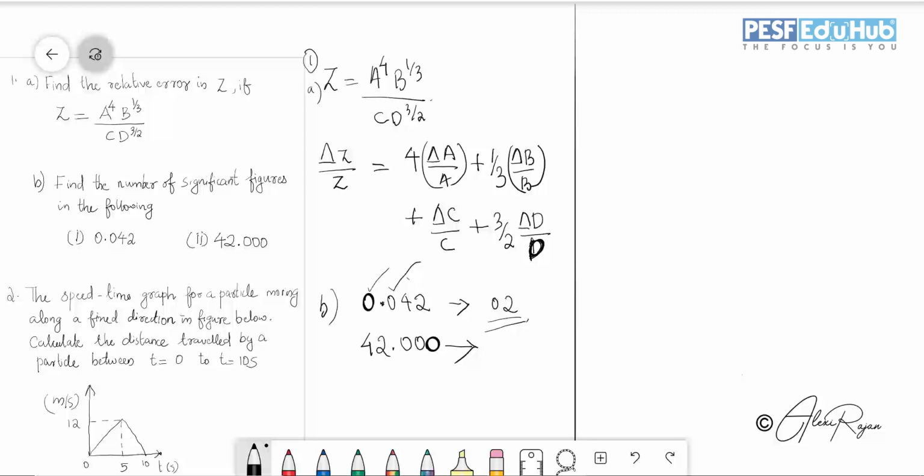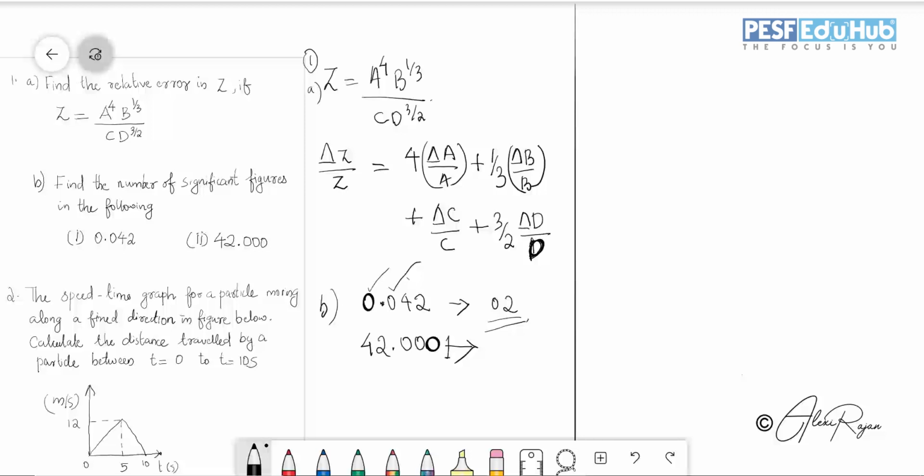42.000. Now according to the rule of significant figures, all the non-zero digits are significant. That is 42. Out of 42, 4 is significant, 2 is significant, so total 2. And all the zeros which are right to the decimal point, they are significant.